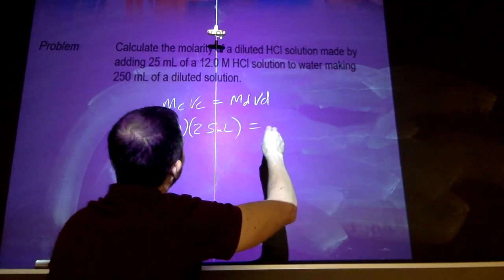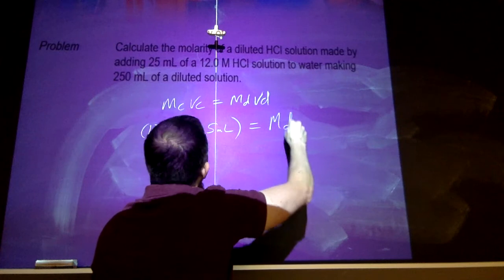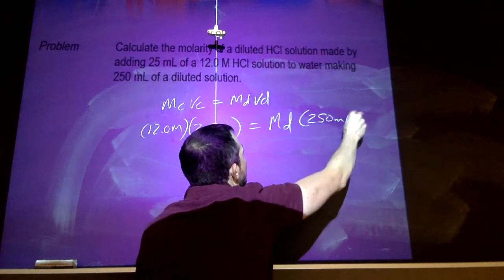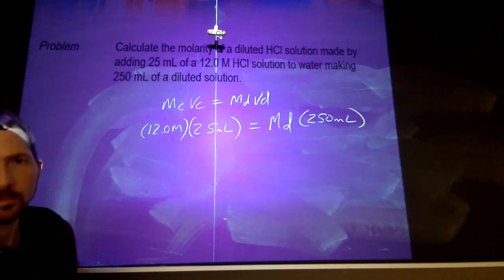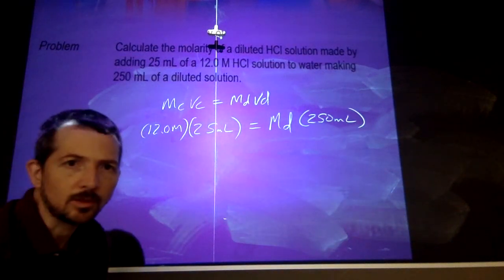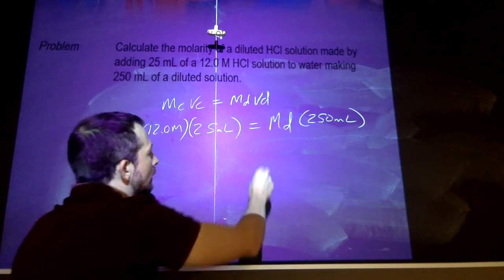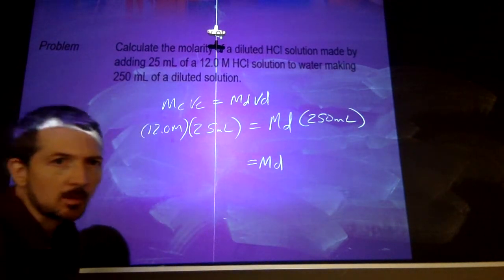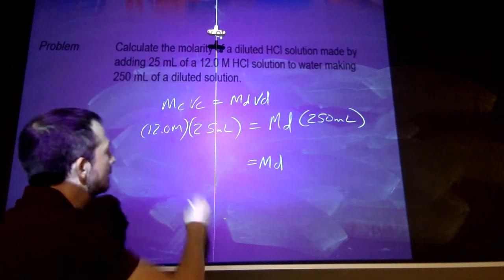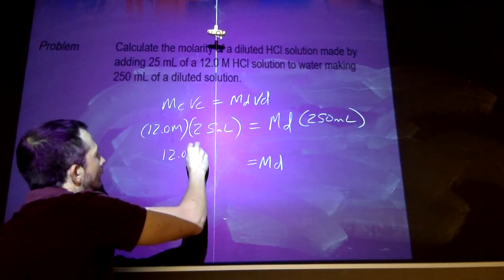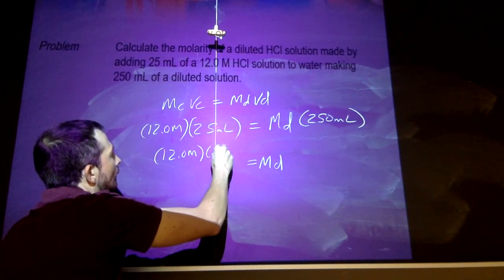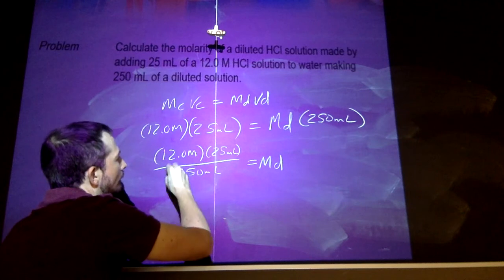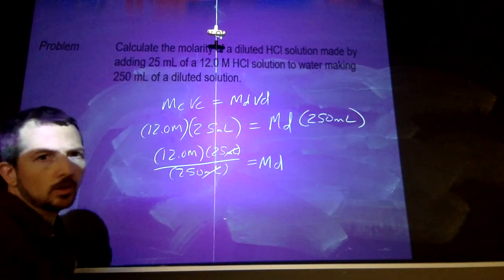So I'm solving for my diluted solution, and my new volume, my diluted volume, is 250 milliliters. And so this is why your units need to be the same on both sides, because if you solve for MD, your units cancel out.